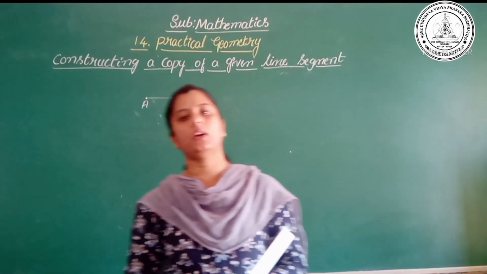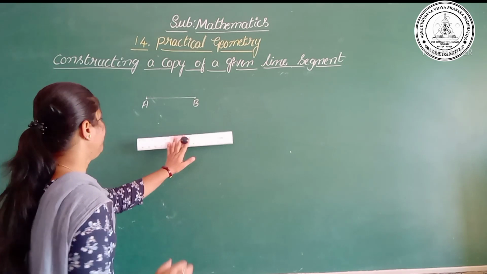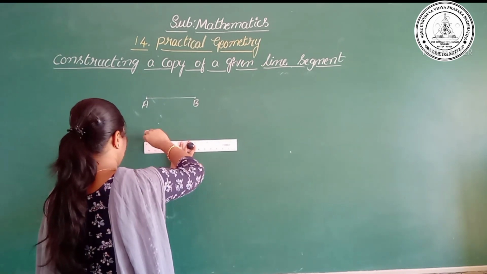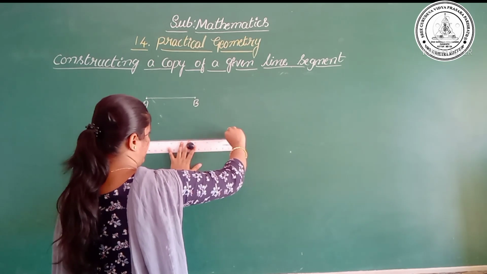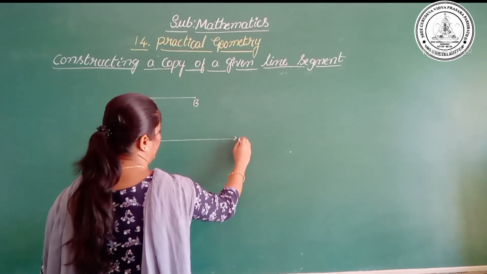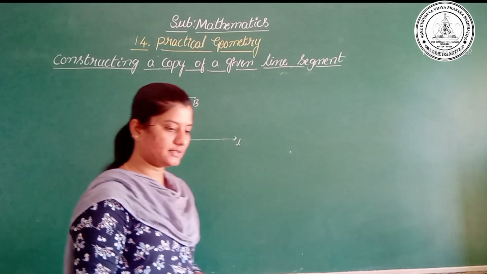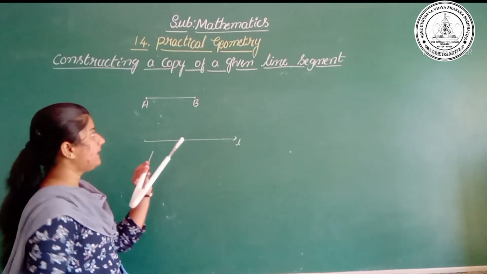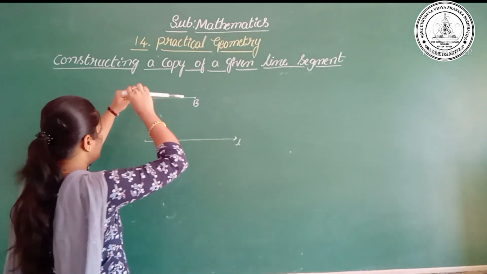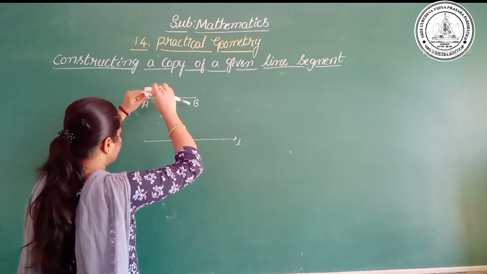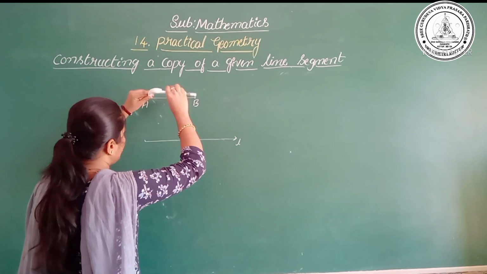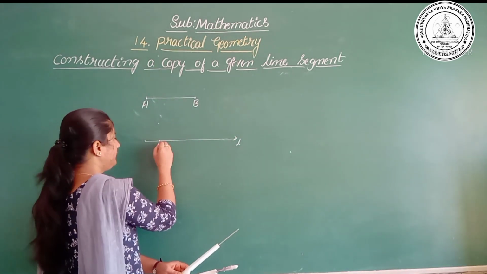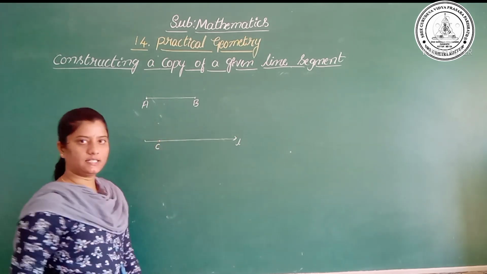First we have to draw a line L. Draw a line L and take a compasses and measure the line segment AB. It is the length of AB, and mark any point here. I will mark here CD.